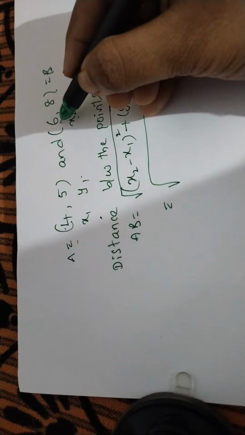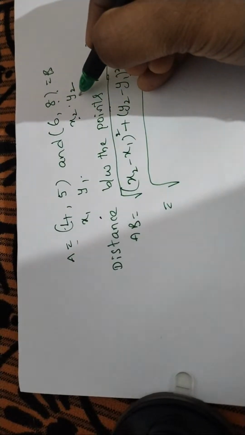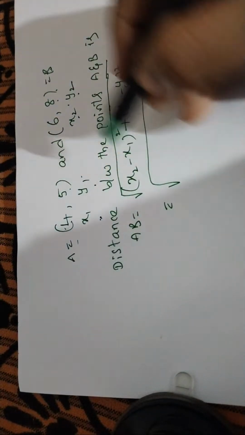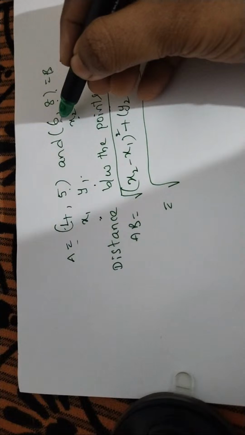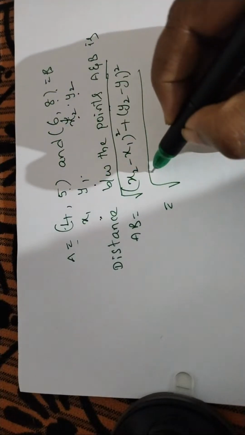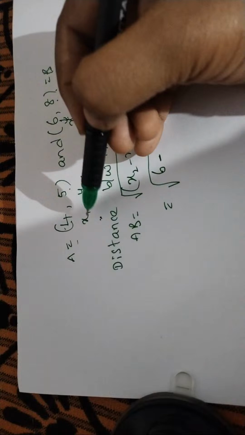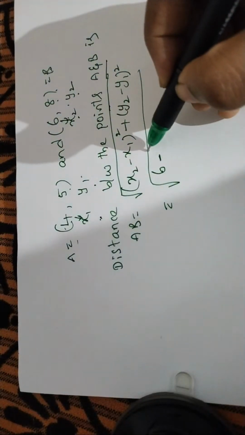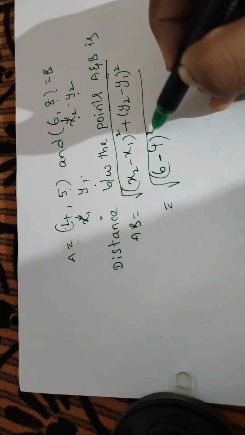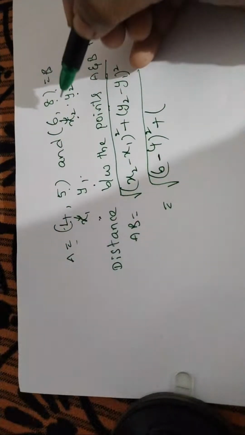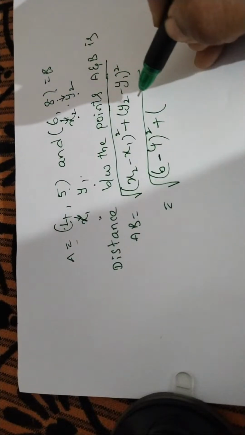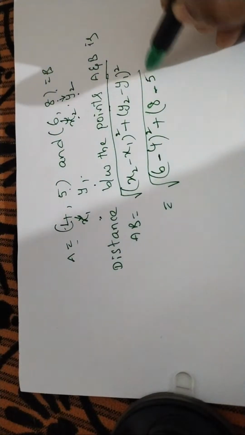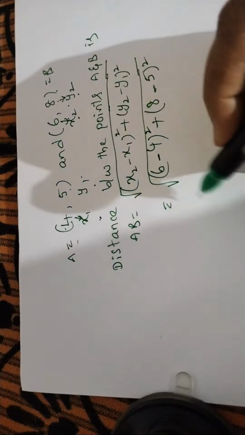Here we consider 6 as x2, 8 as y2, 4 as x1, 5 as y1. So x2 is 6, minus x1 which is 4, whole square, plus y2 which is 8, minus y1 which is 5, whole square.